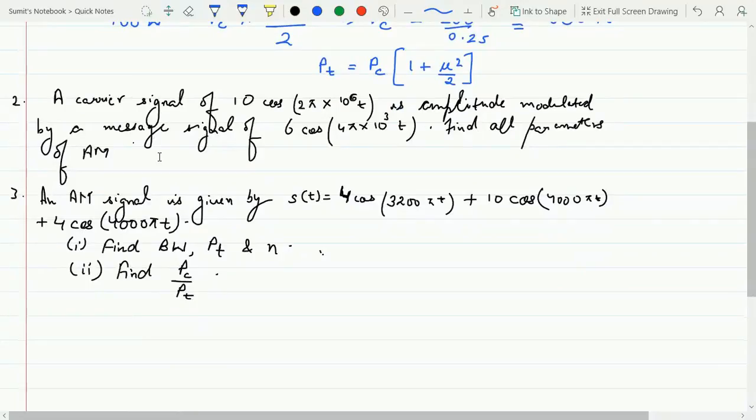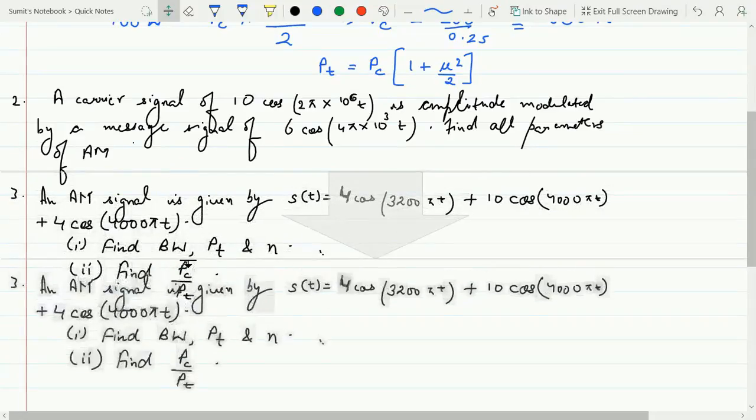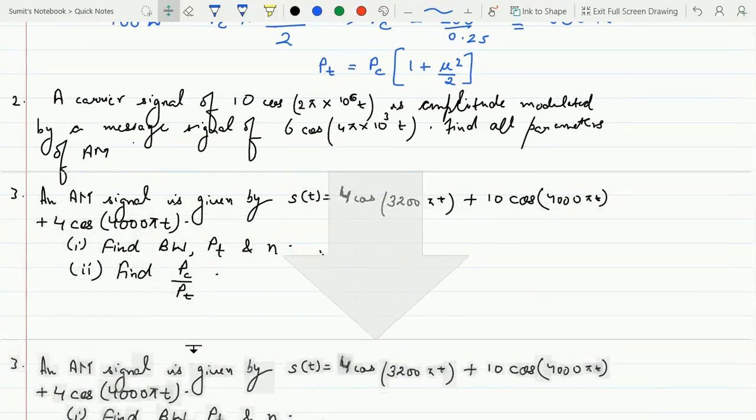Now take a look at question 2. Try to solve it by yourself. From the lecture we have discussed, you should be able to solve it very easily.